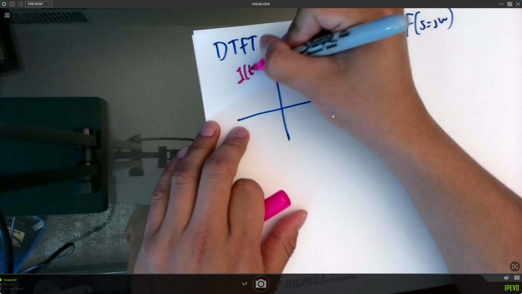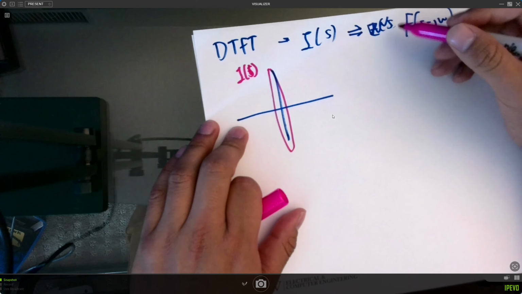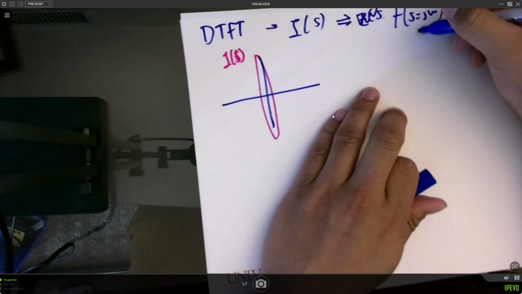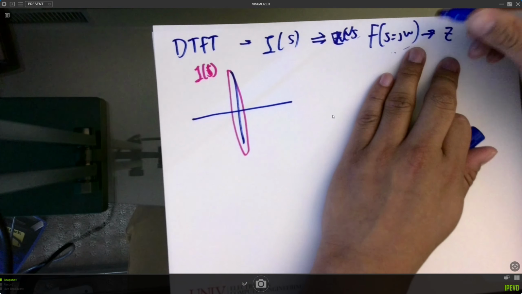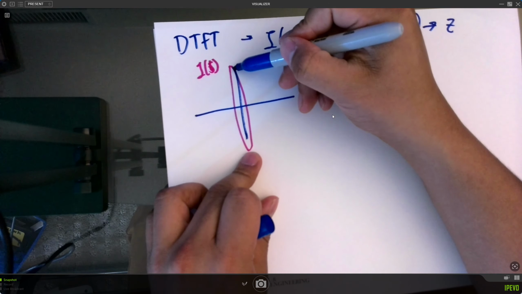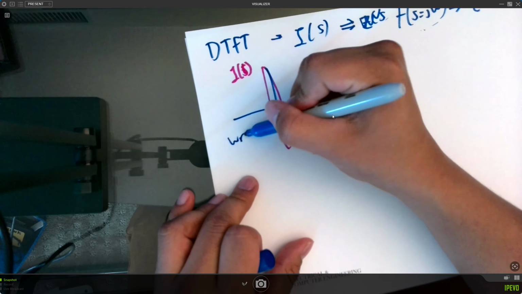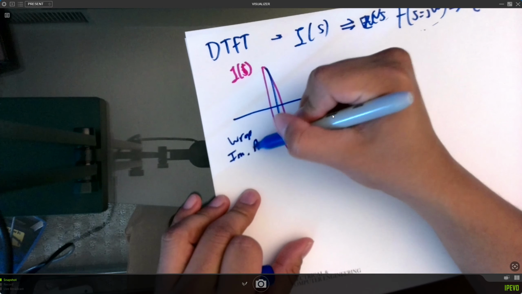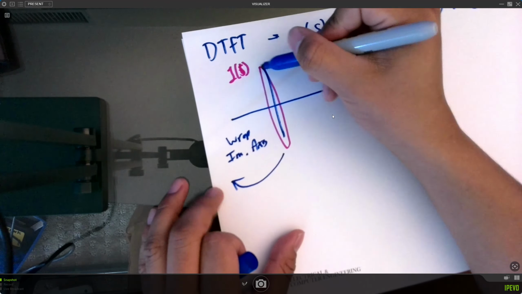So if this was the Laplace domain, S, this is going to be the Fourier domain. However, to get to the Z domain, we're basically going to wrap this entire imaginary axis like this.